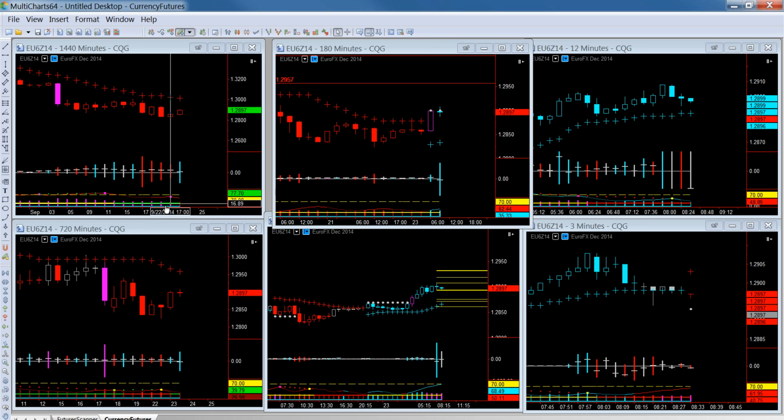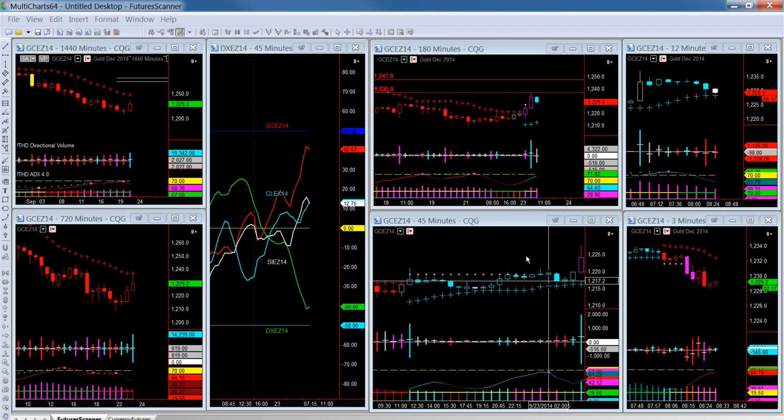And if anybody noticed there happened to be a magenta peak over here on the 1440, it kind of gave you a heads up, hey, we're going up, guys. Is that not just the same thing I showed you? And then if you go over to gold, what do you have? Magenta peak, magenta peak. Hey, we're going up, guys.